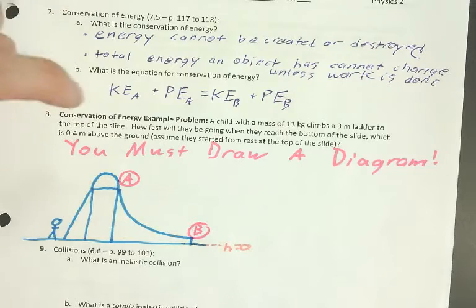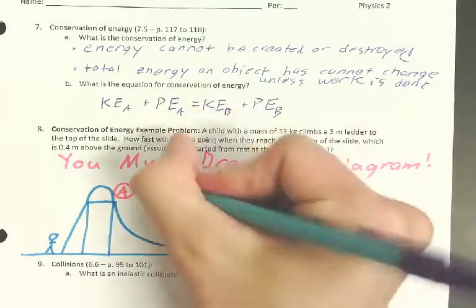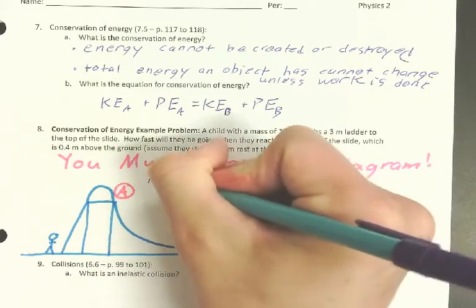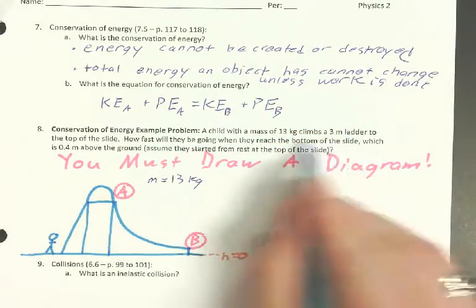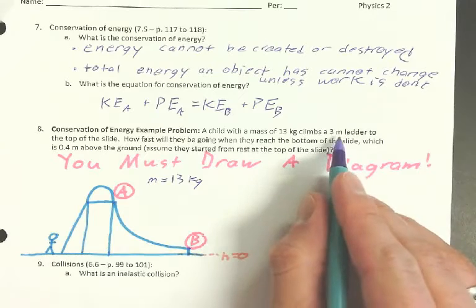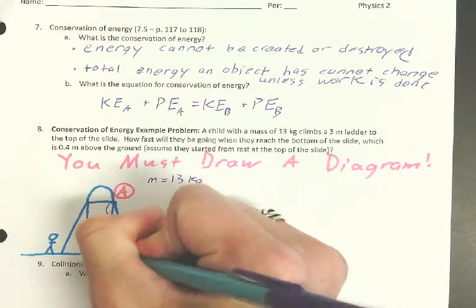Okay, once I've got that figured out, now I'm ready to solve for what's going on. So knowns and unknowns, and the rest of all that. So I have a mass of 13 kilograms. I climb a height of 3 meters, so that means my height at A is 3 meters above the ground.